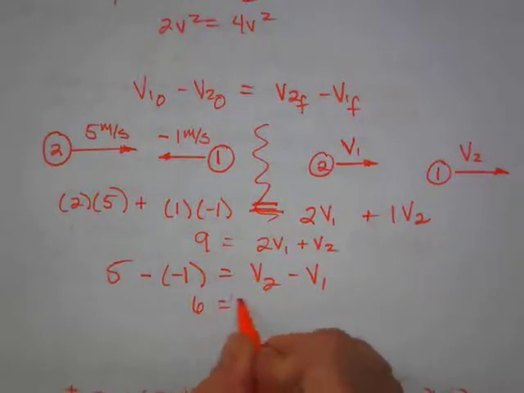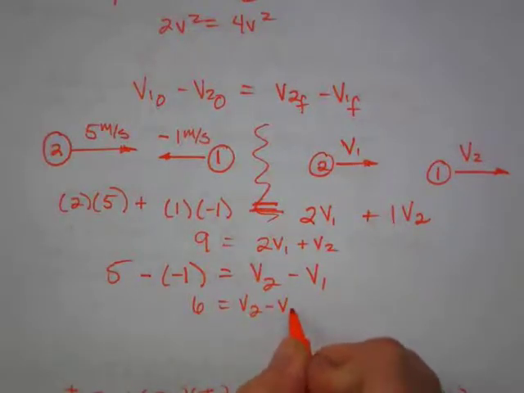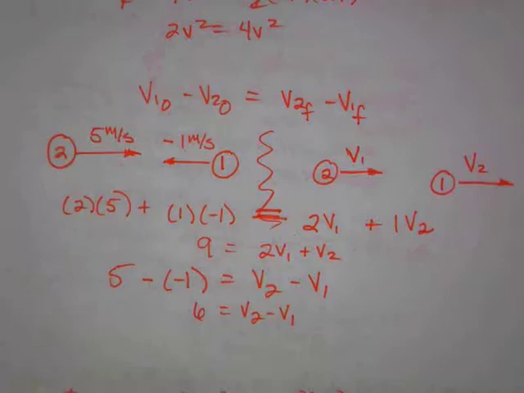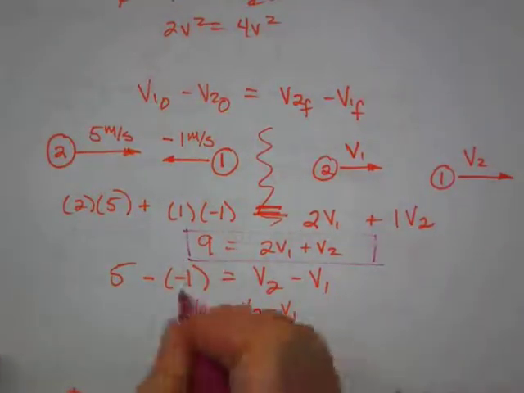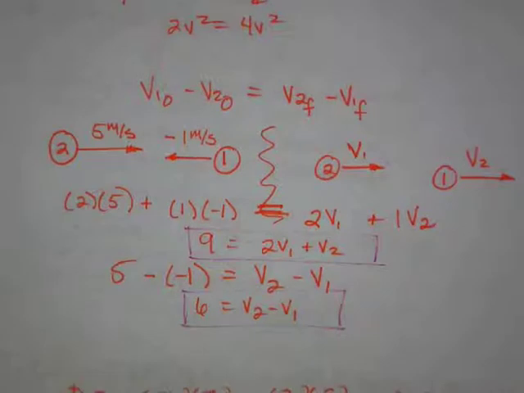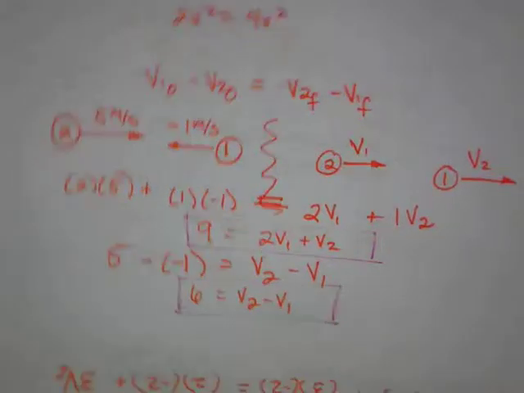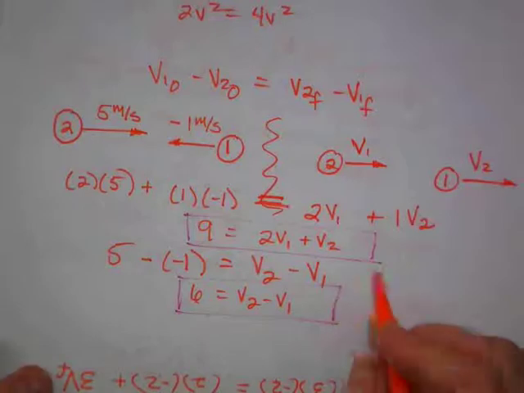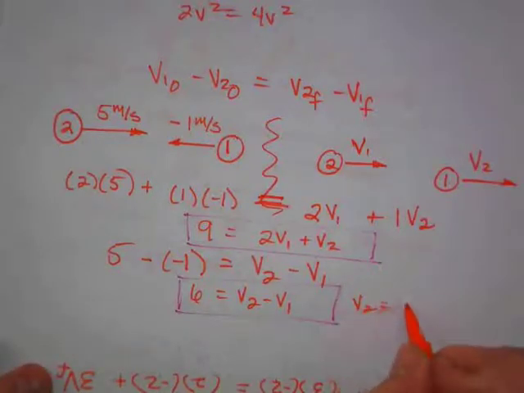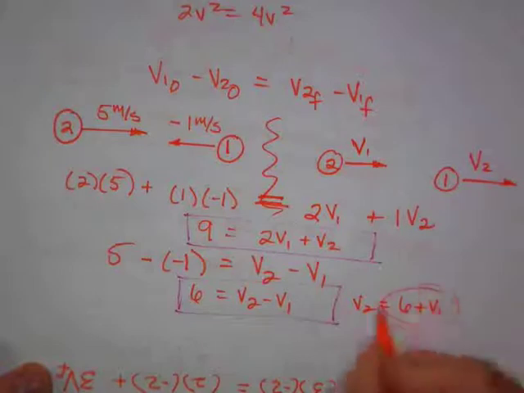What's this side of the equation? 6. Now you have 2 simple equations. Can you do some fancy substituting and solve? I think so. Let's solve this one for v2. What does v2 equal?